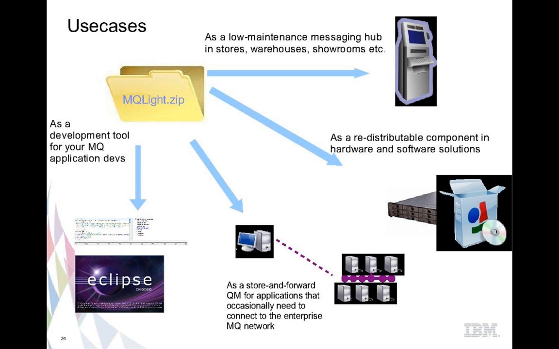And another big use case is with developers, where you can use your Eclipse development environment to start writing MQ programs which connect and give you a feel of how your MQ application service runs and the expected results it can produce. So these are some of the typical use cases of MQLite.